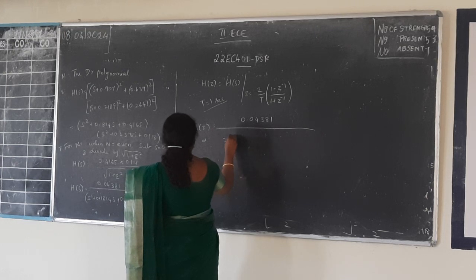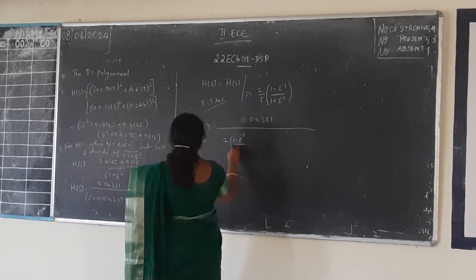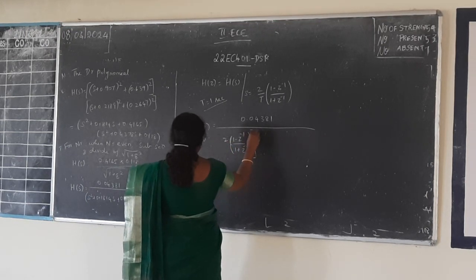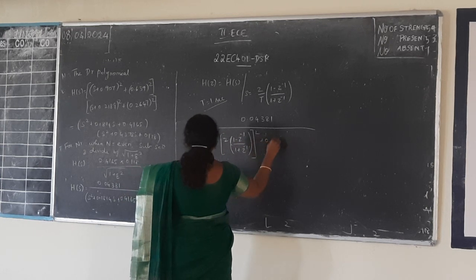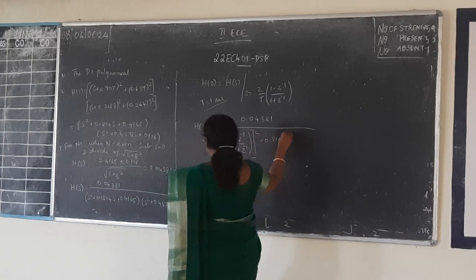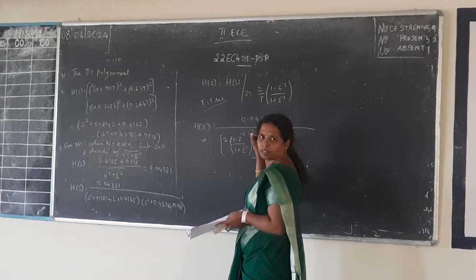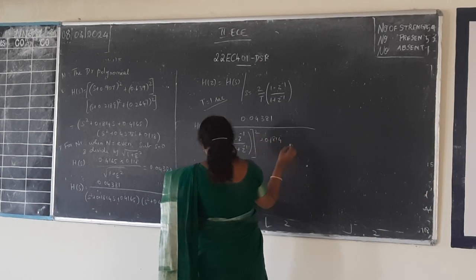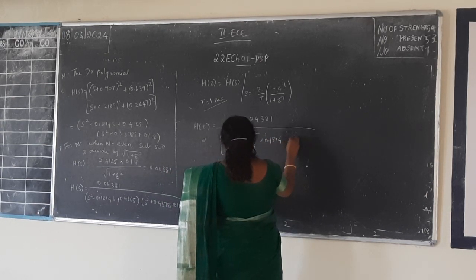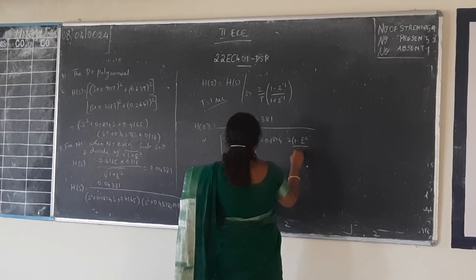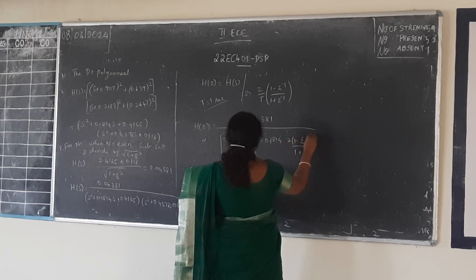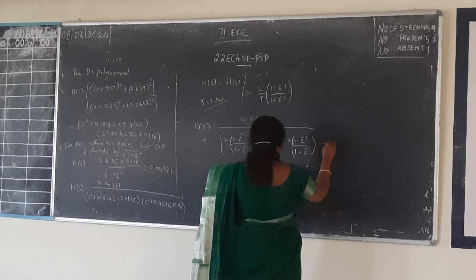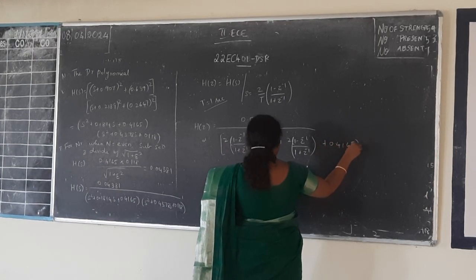So 2 into 1 minus z inverse divided by 1 plus z inverse, the whole square, plus 0.1814 into s, that is 2 into 1 minus z power minus 1 divided by 1 plus z power minus 1, plus 0.4165.